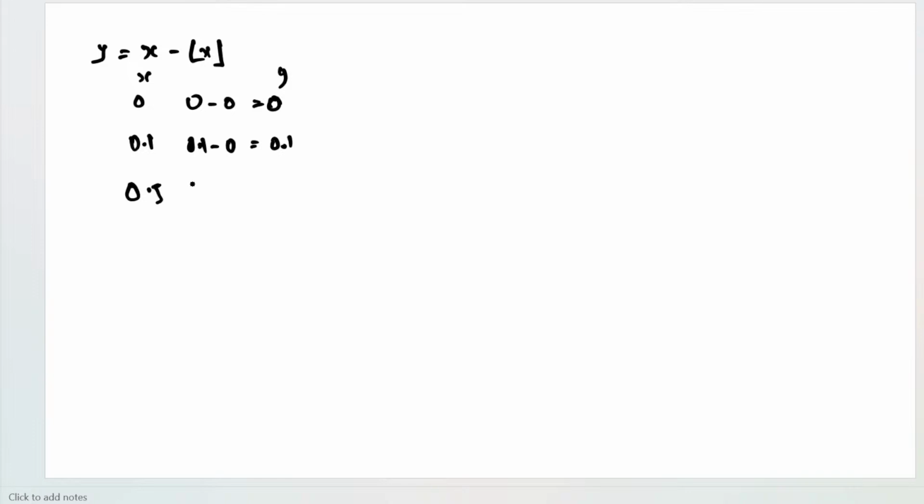It is 0.5 minus the greatest integer function of 0.5. Not absolute value. Don't get confused. Absolute value is different. Greatest integer function is different.